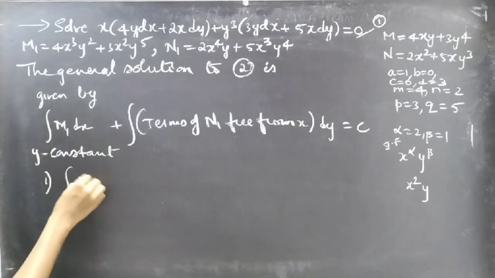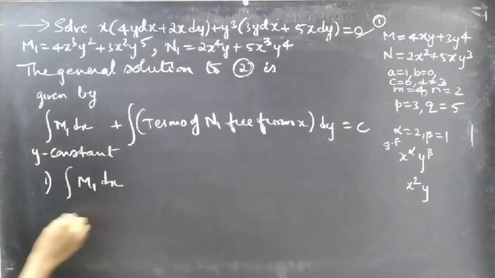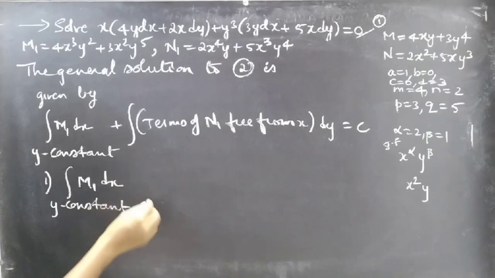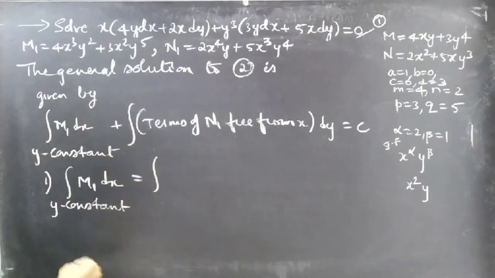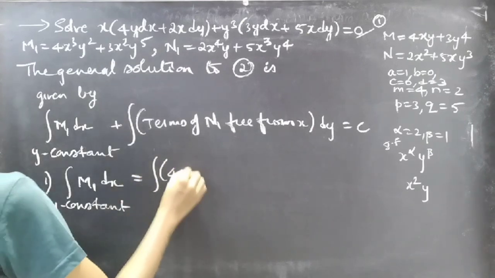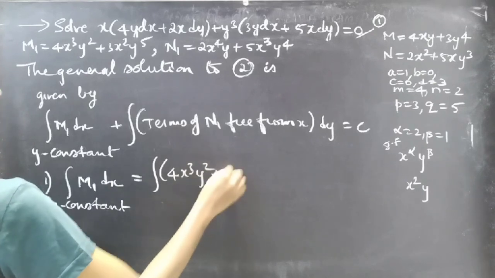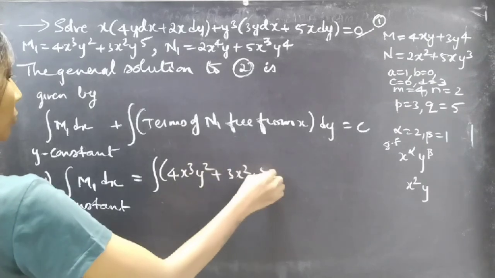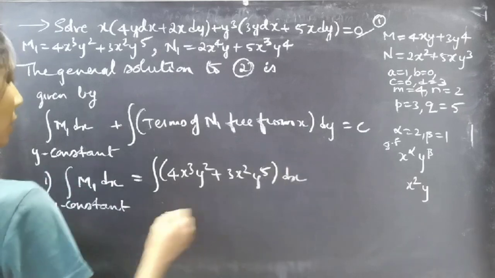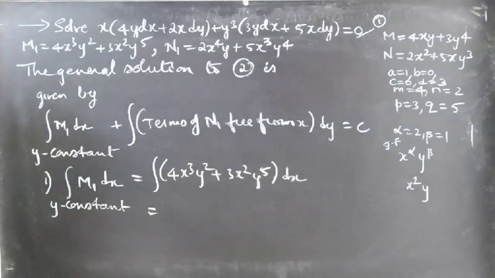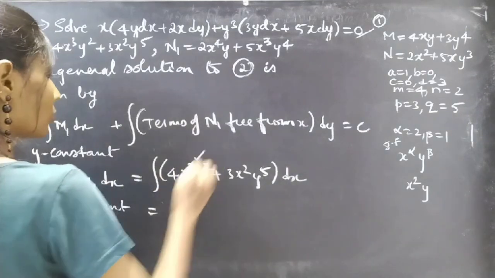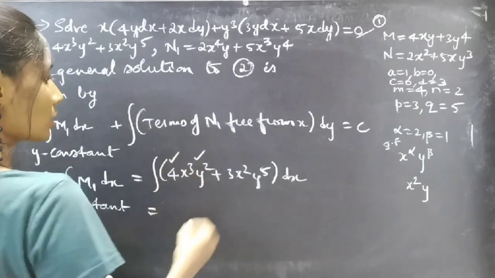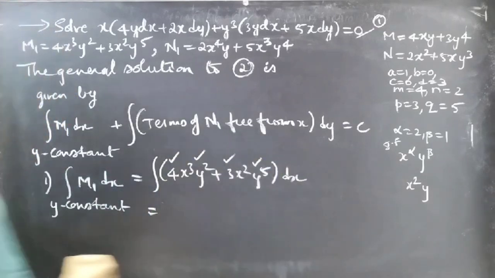I'll begin with integral of M1 dx treating y as constant. This equals integral of (4x³y² + 3x²y⁵) dx. Since y is treated as constant, in the first term y² is constant, 4 is constant, in the second term 3 and y⁵ are constant.